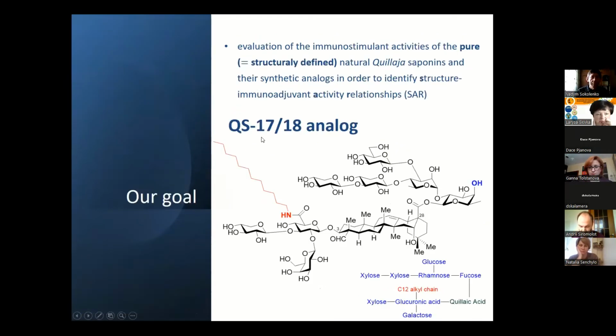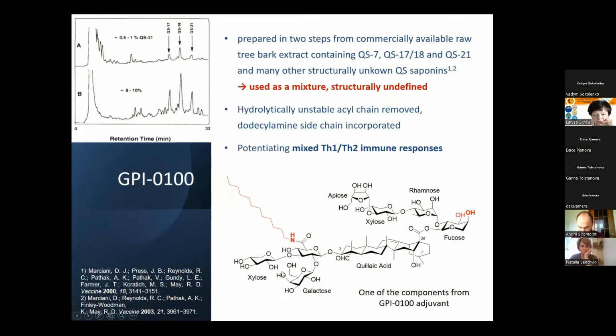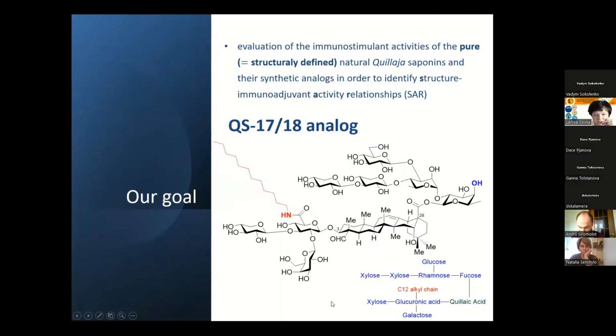And our goal was to synthesize structurally defined compound, which is QS17-18 analog. And this structure is shown here on the slide. And after synthesis, we evaluated the immunoadjuvant activity of this compound. So this is the main component in GPI, and it is structurally defined.